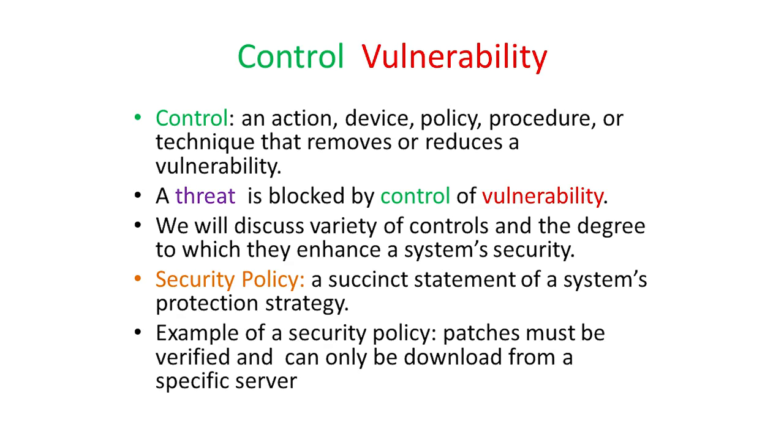A control is defined as an action, device, policy, procedure, or technique that removes or reduces a vulnerability. Note that sometimes it just reduces, not removes completely, the vulnerability. By controlling vulnerabilities, we block threats. We will discuss later a variety of controls and the degree to which they enhance system security.